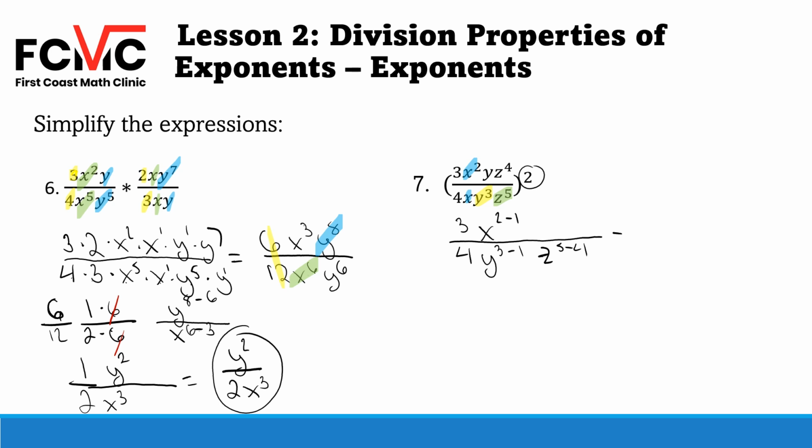So my next step, this is going to be 3 over 4. X to the 1st. I'm going to put the 1st in there just so we can easily see what we're multiplying by in the next step. X to the 1st in the numerator, y to the 2nd, and then z to the 1st in the denominator.